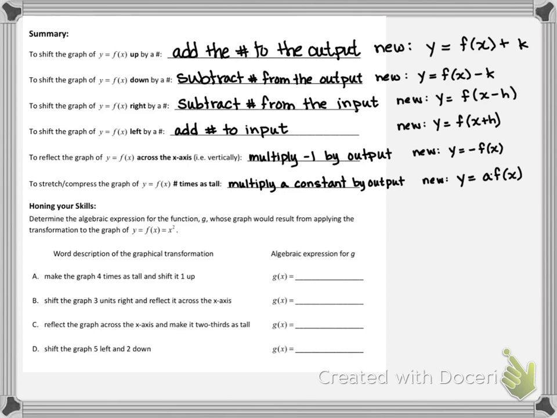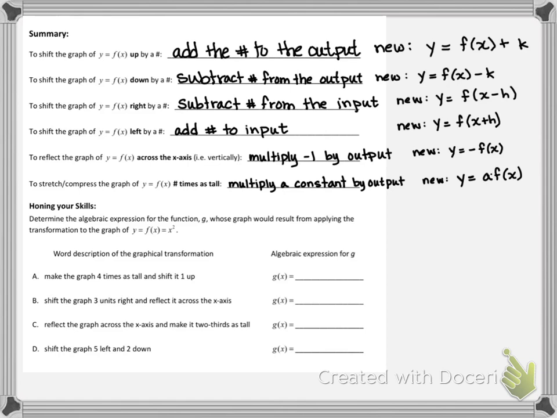And in practice, working with the function itself, it's a lot easier to simply throw a times 5 on at the end, multiplying by the output, than to try to figure out how to coordinate the stretch and shift horizontally. It gets a little funky, having to multiply by weird numbers and a lot of parentheses. So we achieve all of our stretches and compressions vertically to avoid the messiness of doing it horizontally.